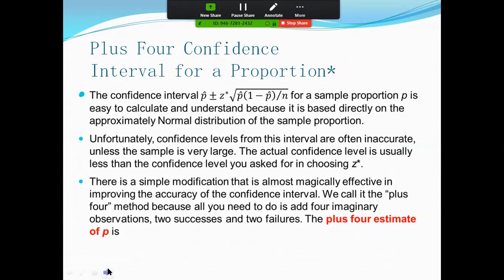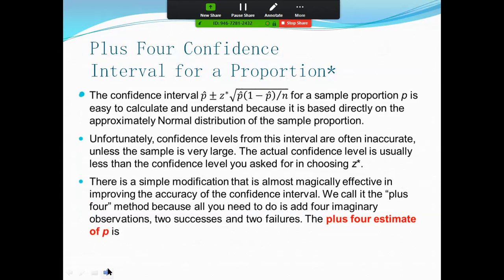The confidence interval p hat plus or minus z star times the standard error for p hat, which is the square root of p hat times the quantity 1 minus p hat divided by n, still under the radical, is easy to calculate and understand because it is based directly on approximately normal distributions of the sample proportion.